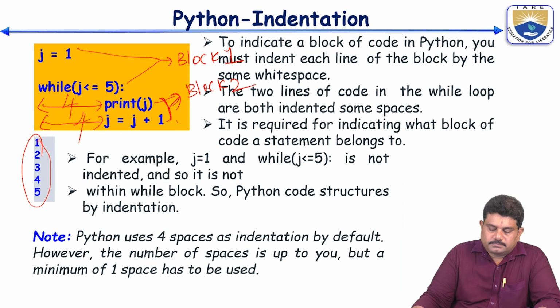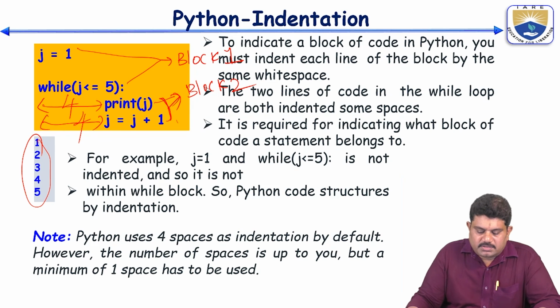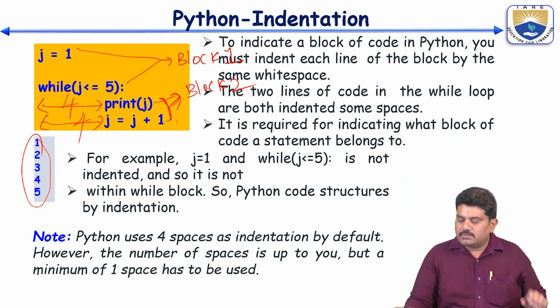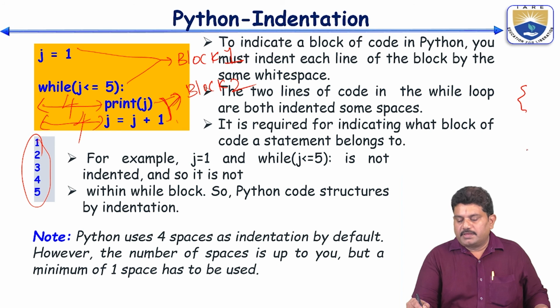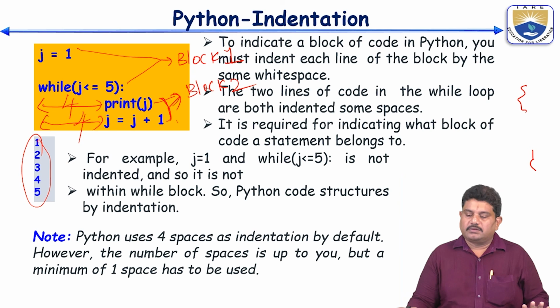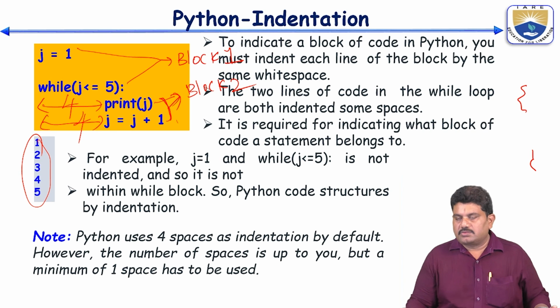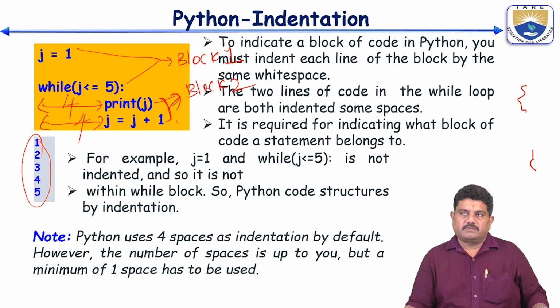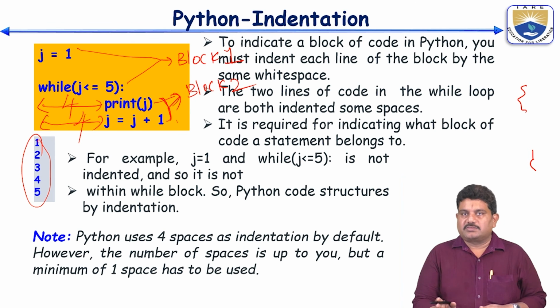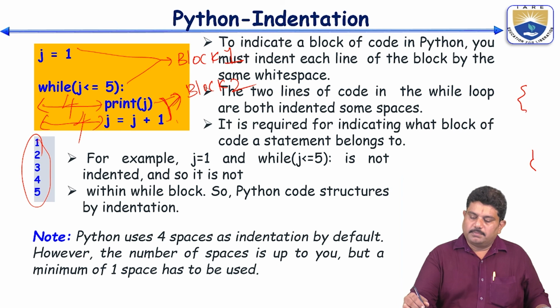In most other programming languages we have braces for code structure, but Python does not use any braces or brackets for structuring the program. Here, with the help of indentation only, Python structures its program. That is the importance of indentation.